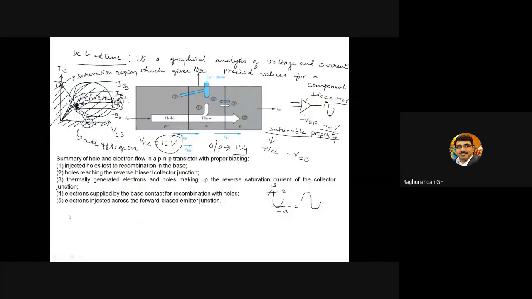Yes. Can you tell me it is in which region? The point is in which region? I told you this is one region, this is one region, this is one region. Now the point is in which region?